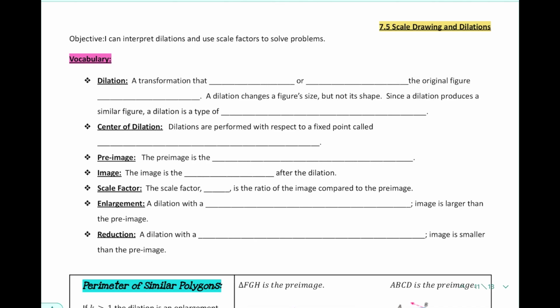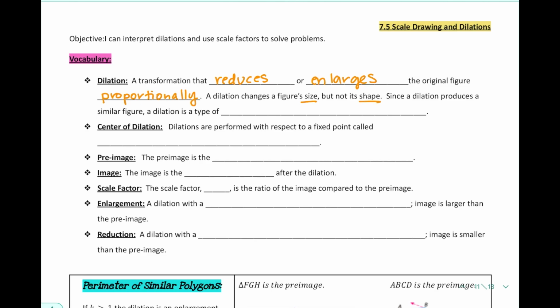So first off, it says dilation. That is a transformation that reduces or enlarges the original figure proportionally. A dilation changes a figure's size, but not its shape.